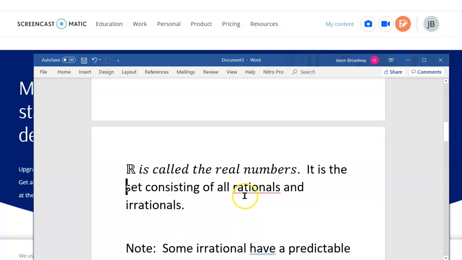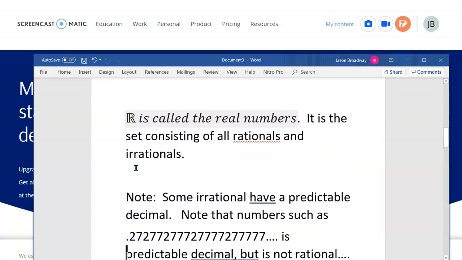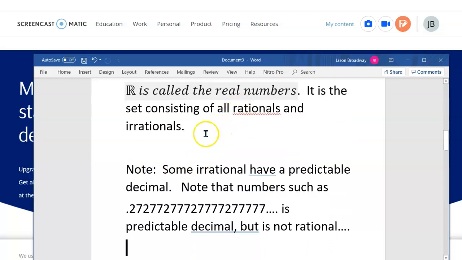So if you could put the rationals and irrationals together in the same house, you get the set of real numbers. And remember, the rationals are the things that can be written as integers over integers. The only stipulation being you can't put 0 on the denominator for the rationals.